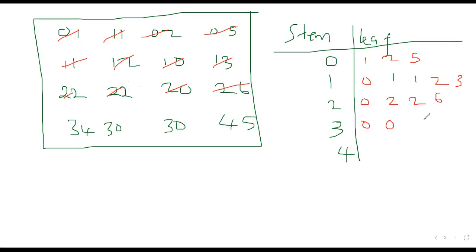We have 2 30s, so 2 zeros, and a 4. And on the 40s, we only have 45, so just a 5. Correct. So this is a stem and leaf diagram. You can put a key there just to guide you, to say 12 means 1 and 2.